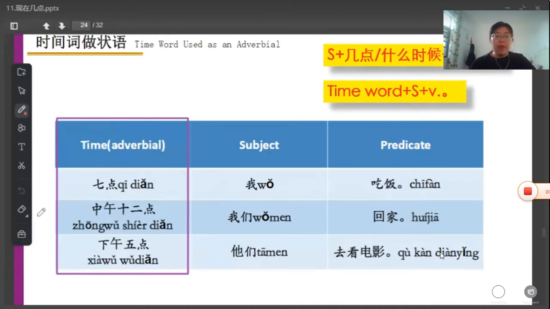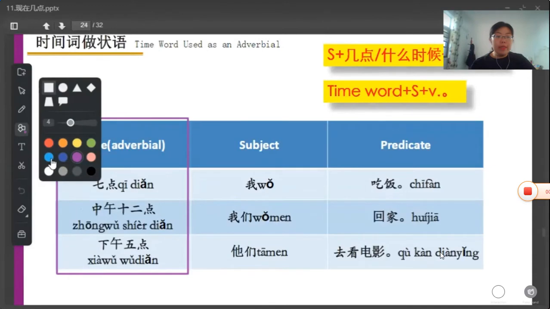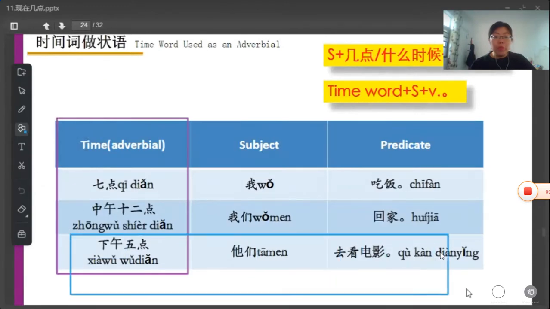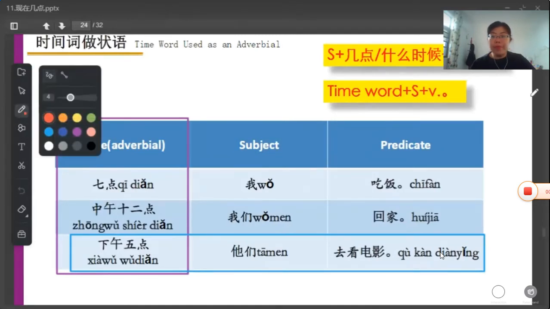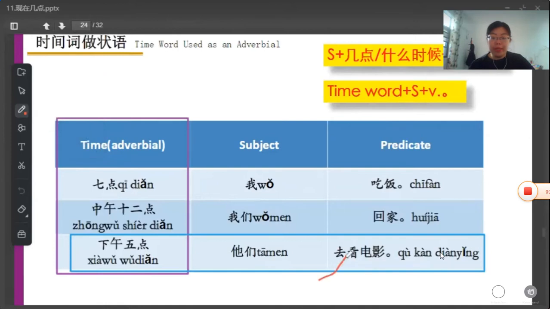Okay, everybody, let's see this sentence. 下午5点他们去看电影. 他们去看电影. Actually, before we learned the sentence pattern 去 plus place and to do something.